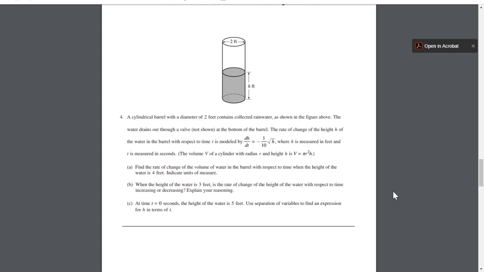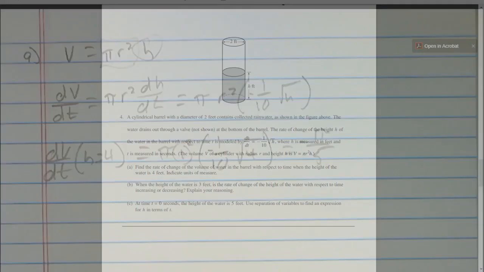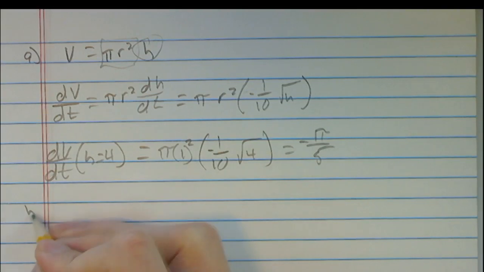There we're looking for essentially the second derivative. We want to see if this is increasing or decreasing. To do that, you take the derivative and see if it's positive or negative. So, let's do that.